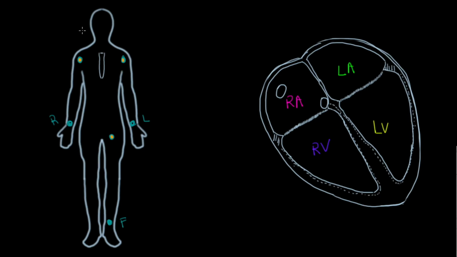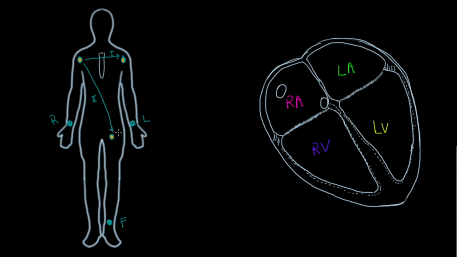And the direction, the tube, or the two things connecting the right arm to the left arm here, like so, is what we call lead 1. The one connecting our right arm to our foot, like this, that should be straight, but in any case, is lead 2.